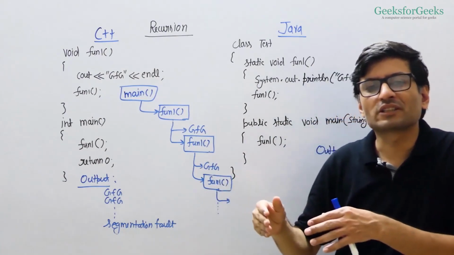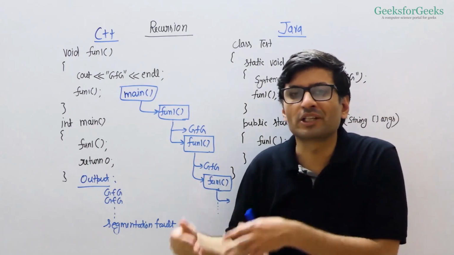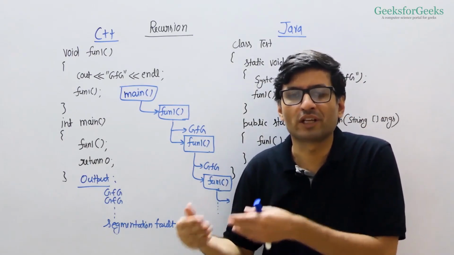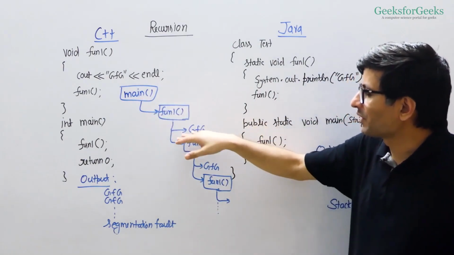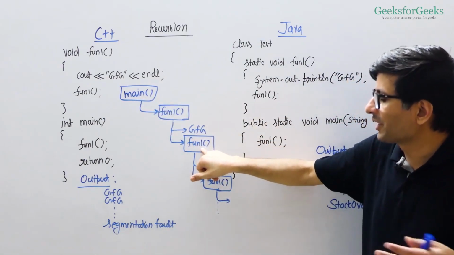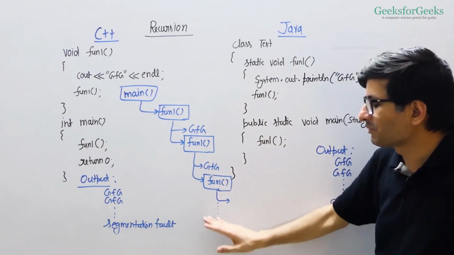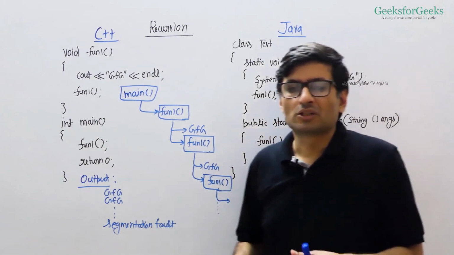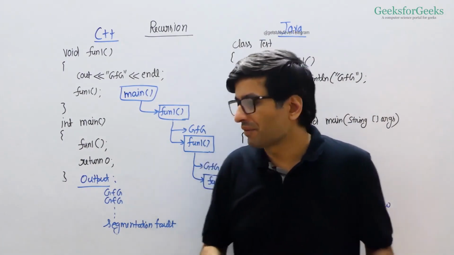The wrong thing is it keeps on calling itself. There is no termination condition. It's a never terminating function. So main calls fun1, fun1 prints gfg, and then again calls fun1, fun1 prints gfg, again calls fun1, and it keeps on happening. So how are C++ and Java going to behave when you run this?